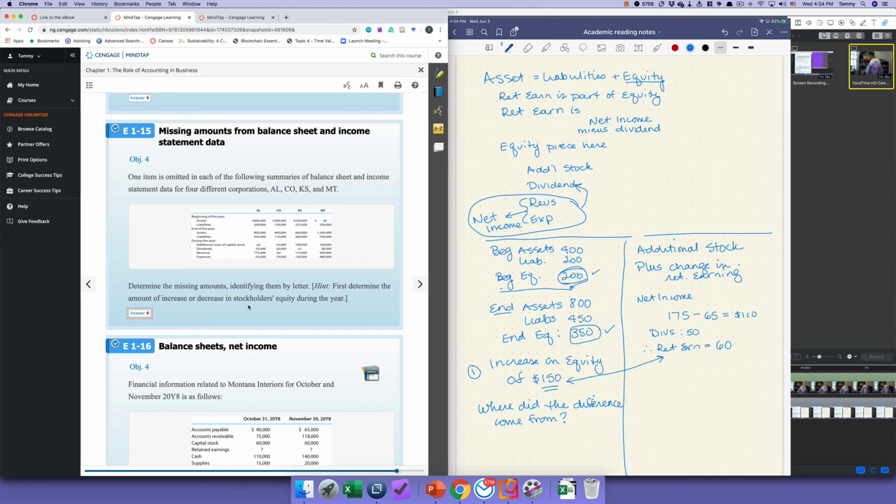So we were increasing equity, but we only got $60,000 of our increase out of our retained earnings. That must mean then that we issued $90,000 in new stock to come up with a $150,000 increase in equity when we only retain $60,000 in earnings in the company. Okay, so that's how you do all of these different columns in exercise 1-15.